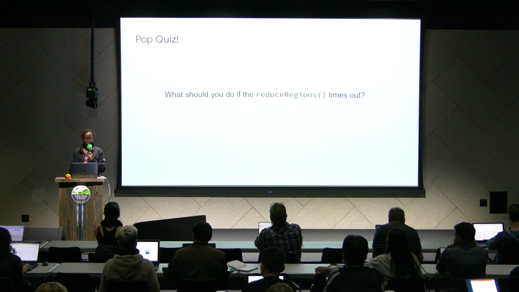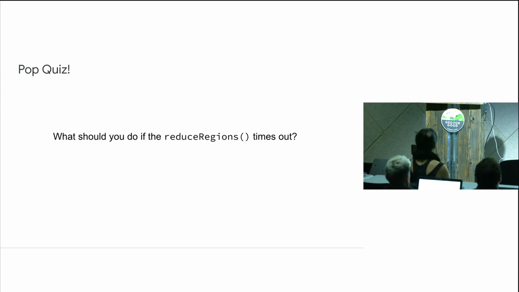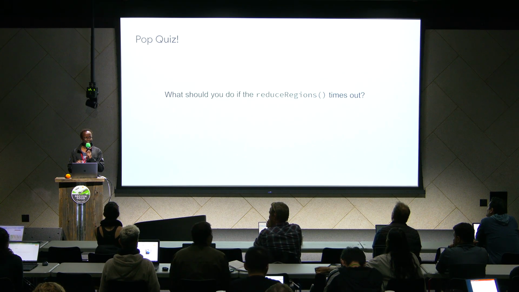All right, we have a pop quiz. What should we do if reduce regions times out? I heard a whisper of the answer. Aha, yes, you can change the scale.